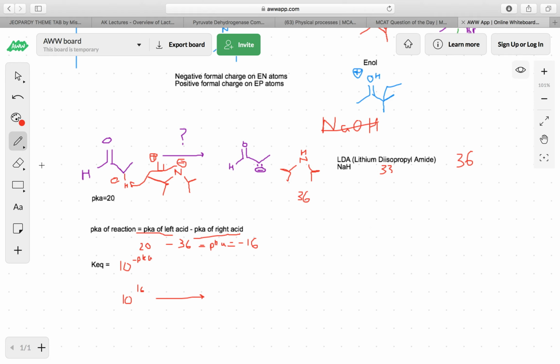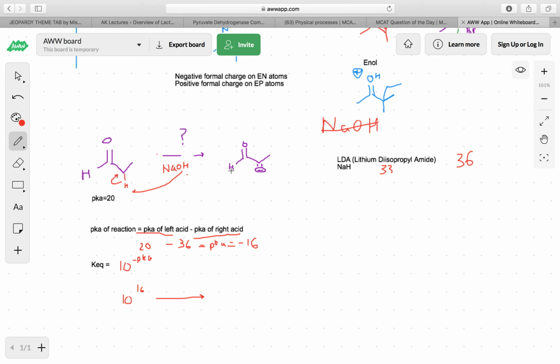But now, let's say I just used a very bad base, so let's use that example now. For example, let's try and use water and NaOH. So if I use NaOH here, we know that it'll grab this proton, same thing as before, and kick off this bond.